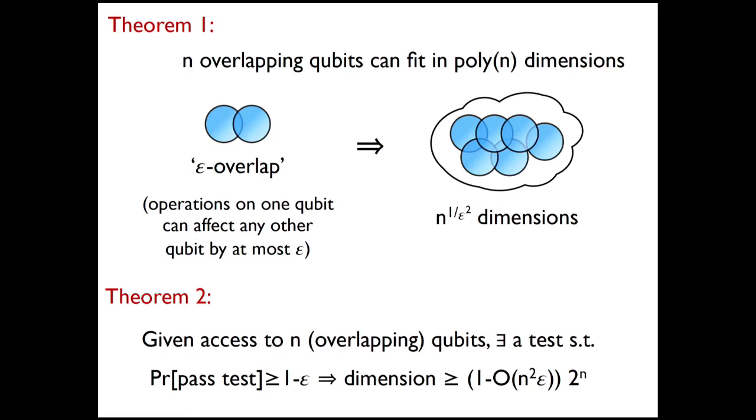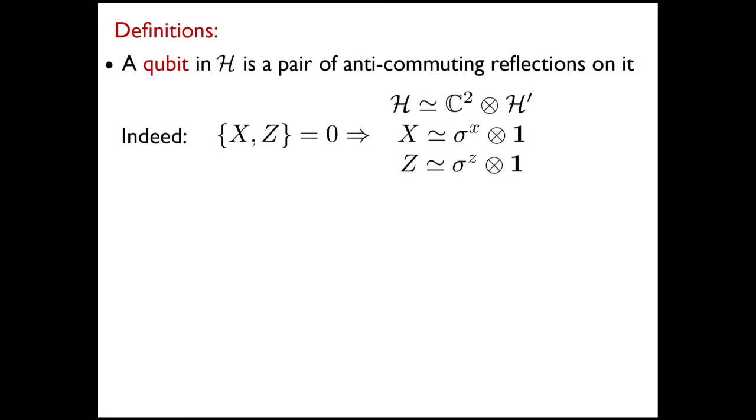Before formulating our theorem, let me first define precisely what a qubit is and what it means for two qubits to overlap. Here we define a qubit in the space to be a pair of anti-commuting reflections. Reflections, as you heard in the last talk, are Hermitian operators with plus or minus 1 eigenvalues, and we denote them by X and Z. Here we are looking at the qubit from the Heisenberg picture, because X and Z are enough to generate all the unitaries and observables acting on this qubit.